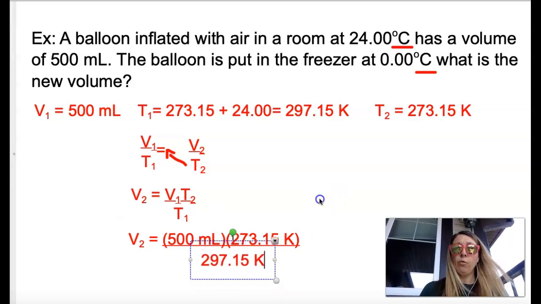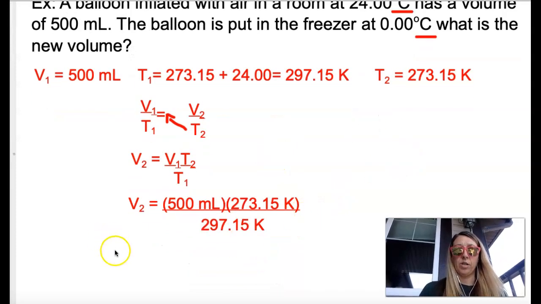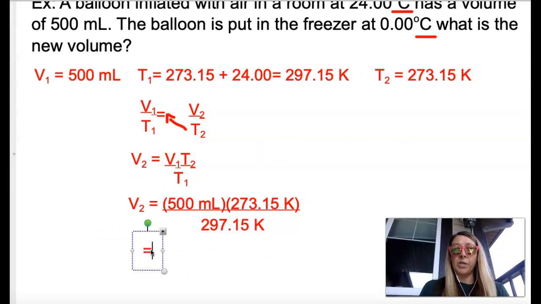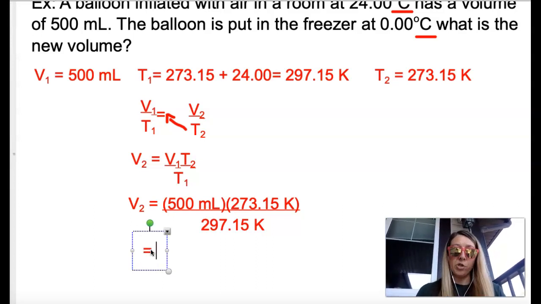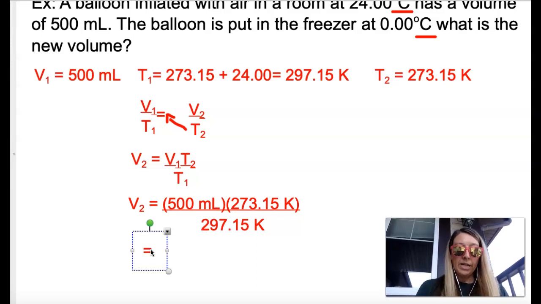If we think about this, even before we get an answer, we decreased the temperature, right? We went from 24 to 0. If we decrease the temperature, we should expect that the volume gets smaller. If I get an answer that isn't smaller than 500, I've either misrearranged or misplugged in my numbers, and I should figure out which one and fix it. So 500 times 273.15 divided by 297.15, how many significant digits? 3, so 460 milliliters.